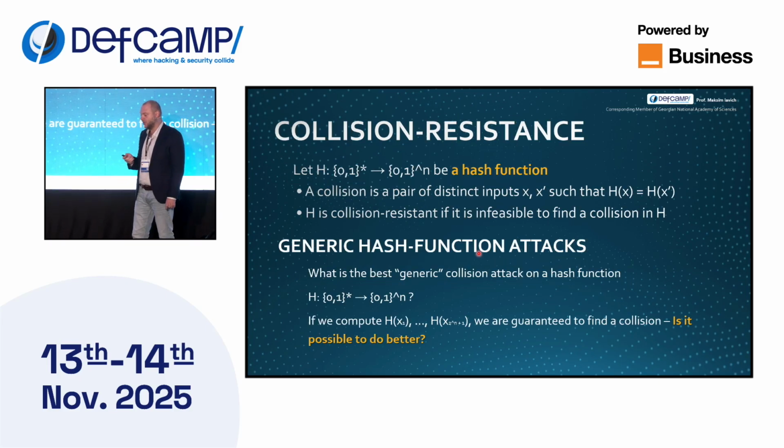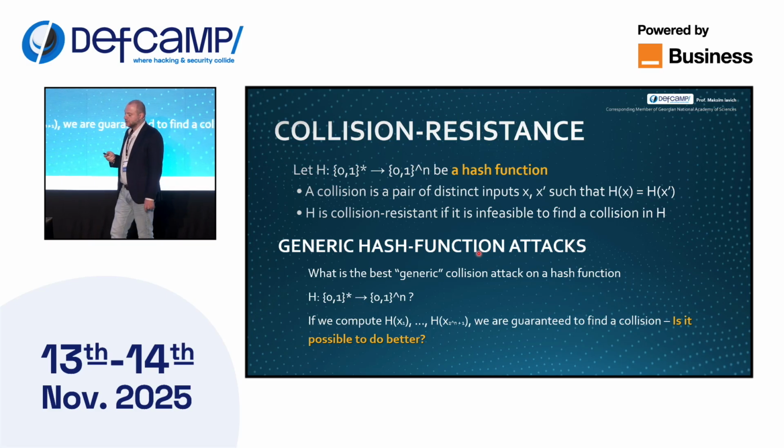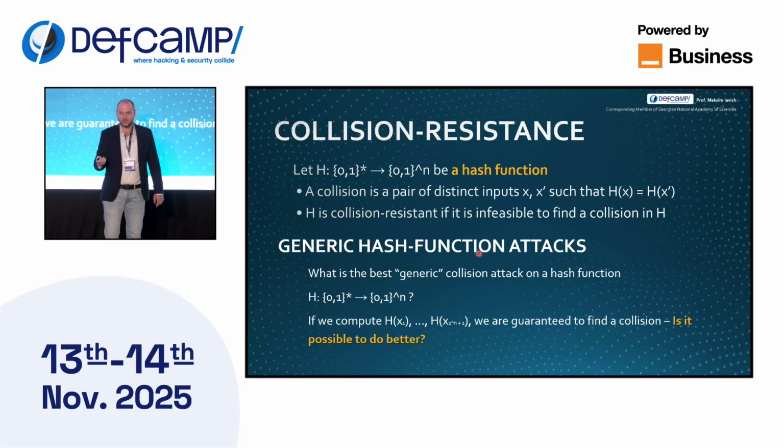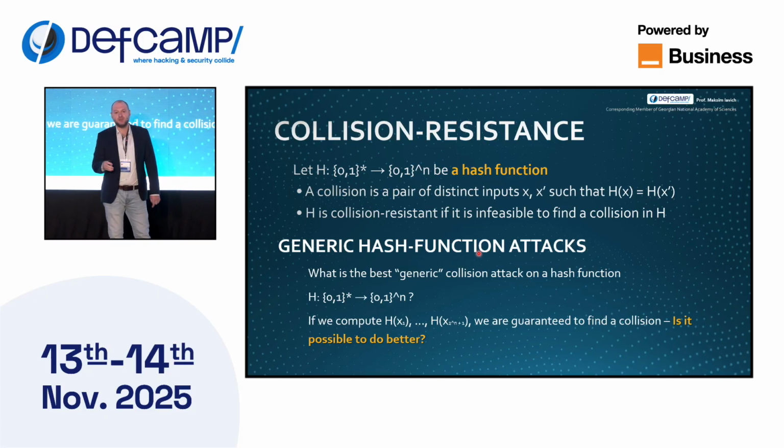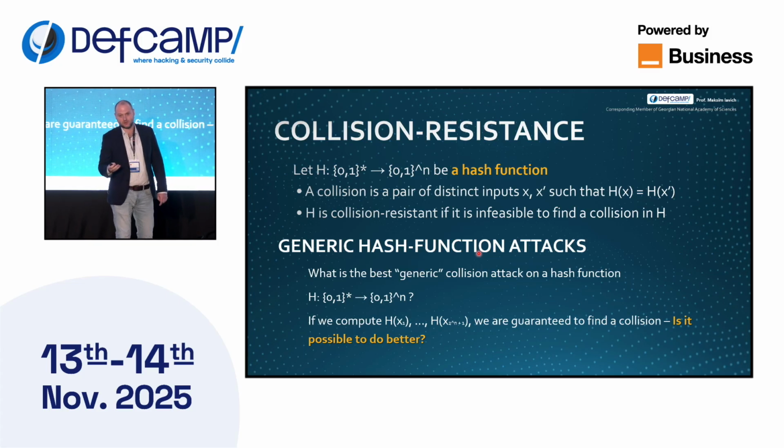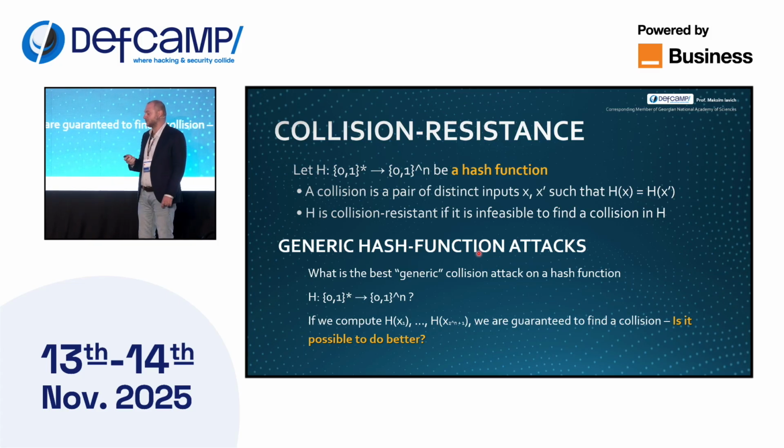So how does it work? Of course, as I told you, it maps the arbitrary length input to some concrete output, and of course it must be secure. What does it mean for the hash function to be secure? It must be collision resistant. What is collision resistance?